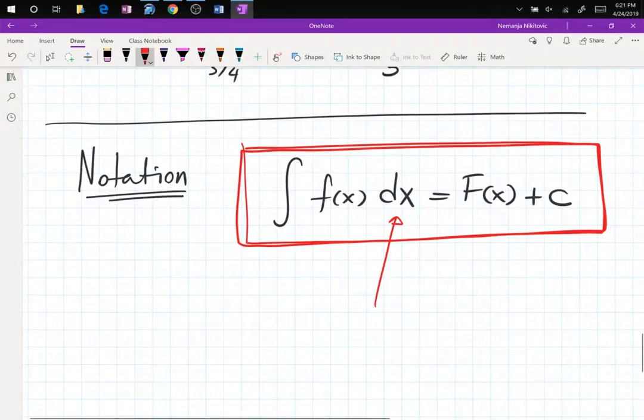It's not optional to write this, because it tells you the variable you are integrating with respect to. The other letters become constants and parameters.